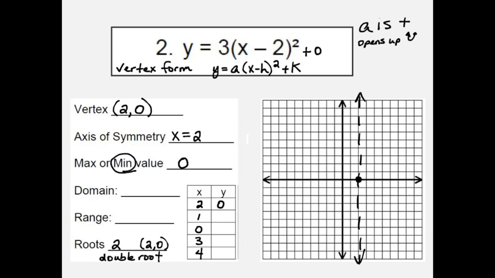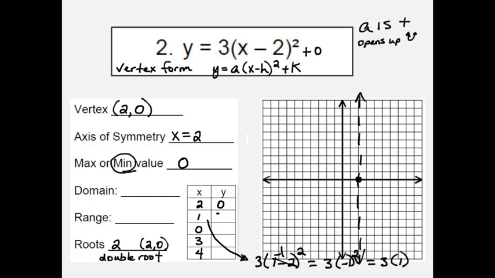So let's look at 1. And so we're going to put 1 into our equation and find that y value for it. So we have 3 times 1 minus 2 squared, and I don't need to put the plus 0. So 1 minus 2 is negative 1. So we're going to have 3 times negative 1 squared, or 3 times positive 1.